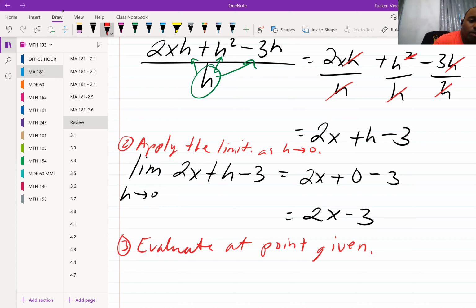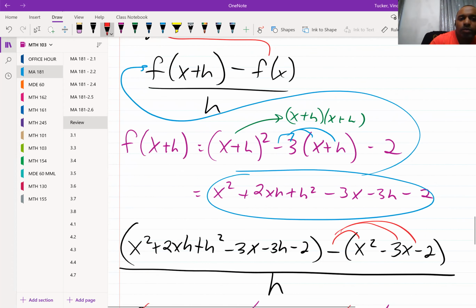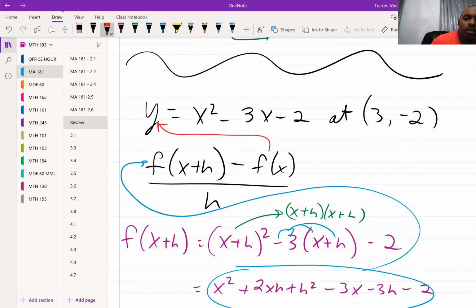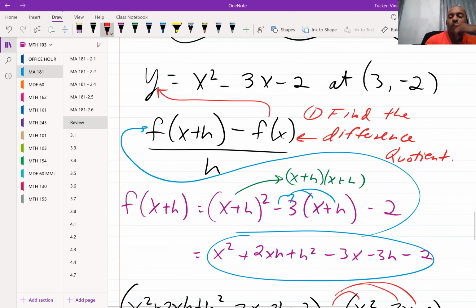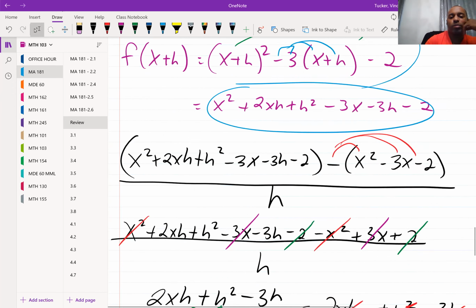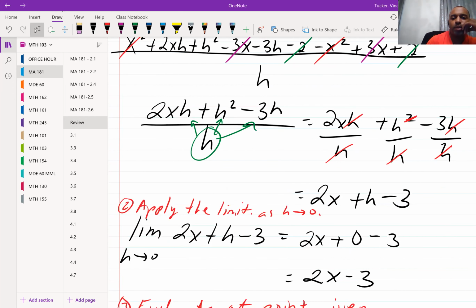Let me go back up. The first thing we did, or should have done, was find the difference quotient. That's what this is right here. The second move was to apply the limit as h goes to 0.